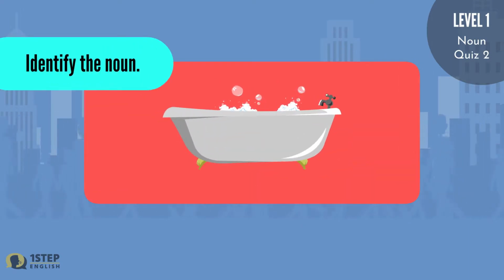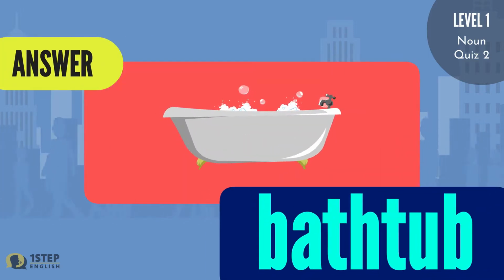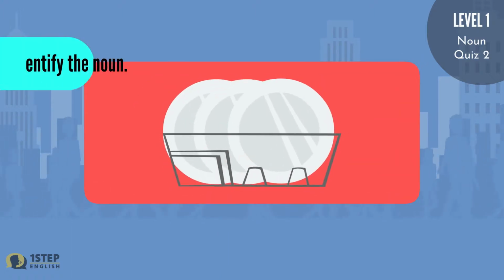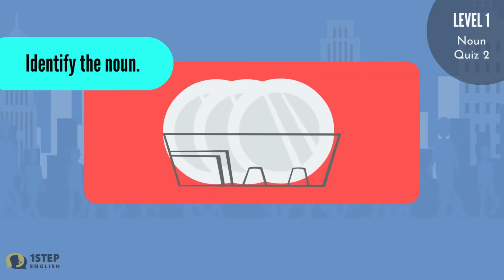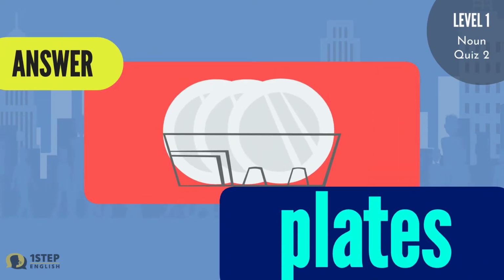What is this? The correct answer is bathtub. What is this? The correct answer is plates.